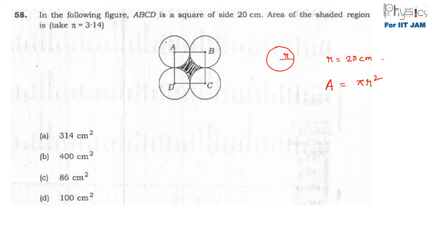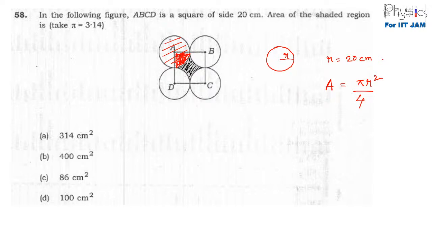See, if the area of this whole circle is pi r square, then what will be this area? This is simply pi r square by 4, right?